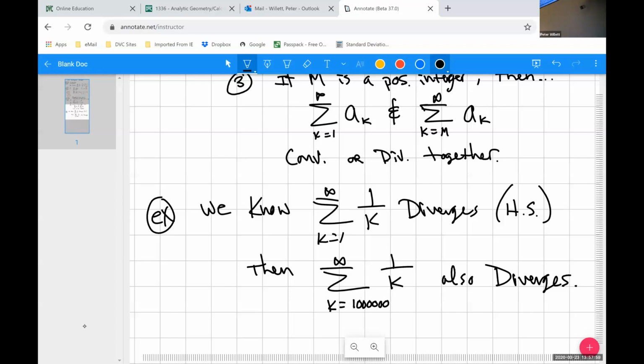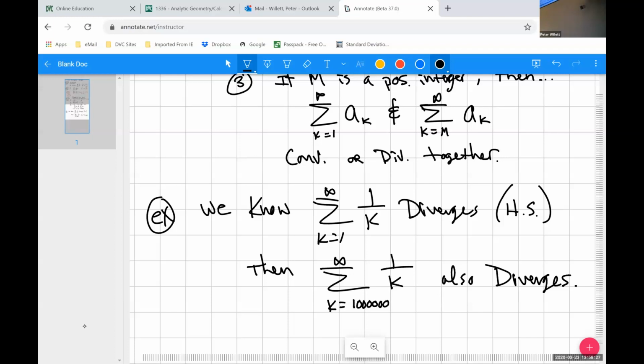And so if I have some number in the first million terms, and then after that, it settles on a 5, well, then I have a convergent series that settles on 5 plus the first million terms total, whatever that is. It's just a number. But if I have some series that in the end heads off to infinity, it doesn't matter what it does in the first million terms.